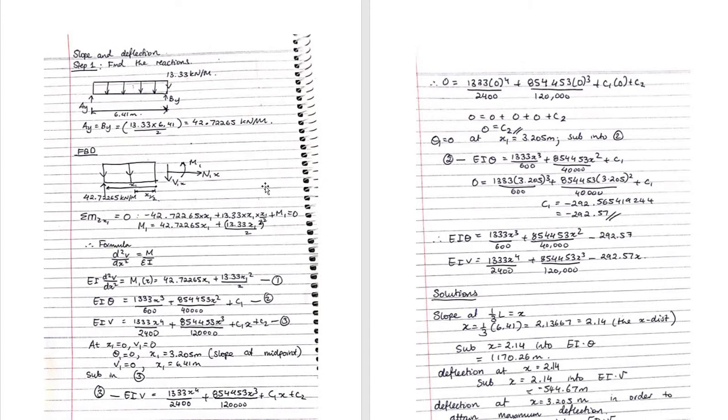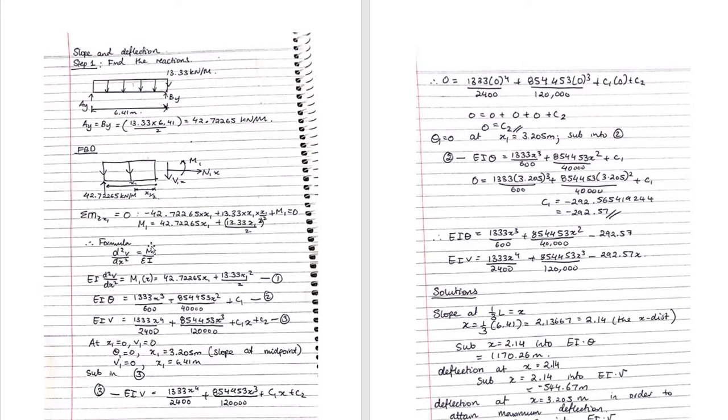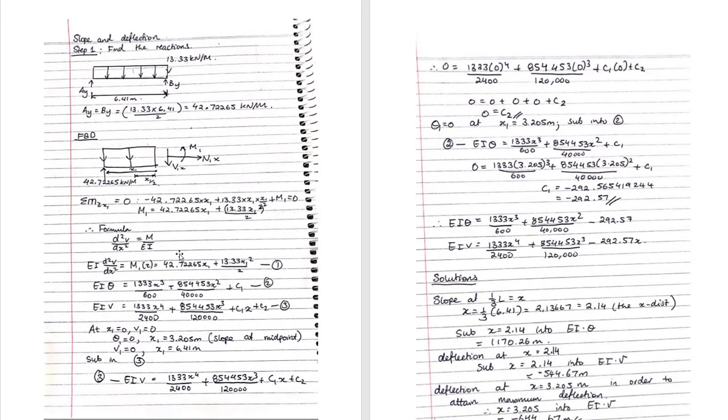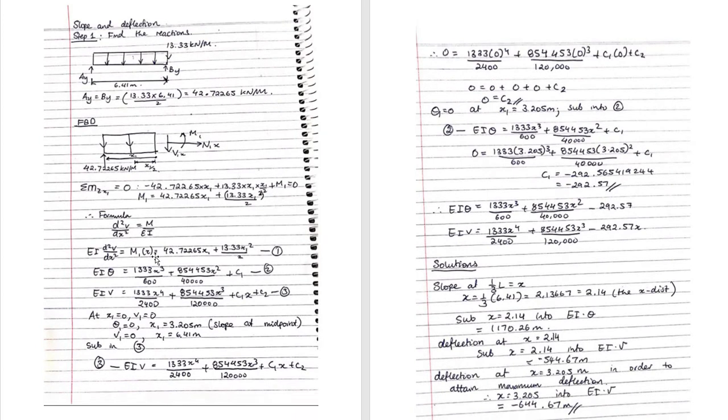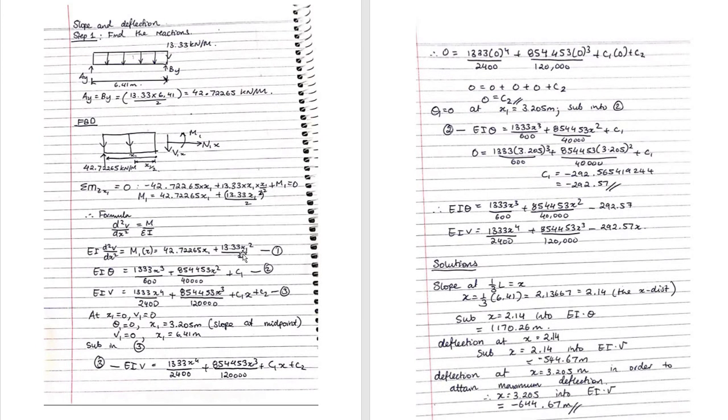Just like before, we had to use specific equations. In this case, the formula is outlined by this integration process. The free body diagram was again drawn in order to outline the moment and the x value that we're finding, to form the integral formulas for the whole process of finding the slope and deflection.